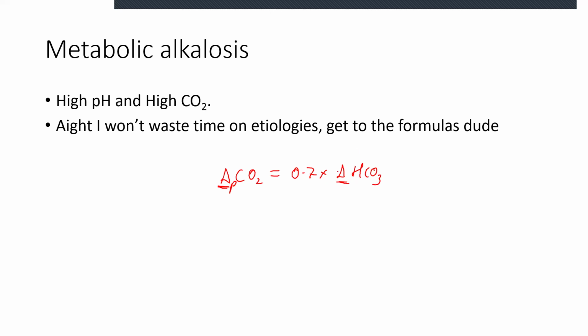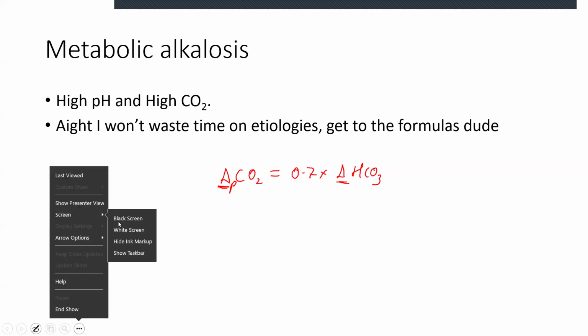All right, let's take a quick example. In our example, we have a patient that has a pH of 7.5, which is high.